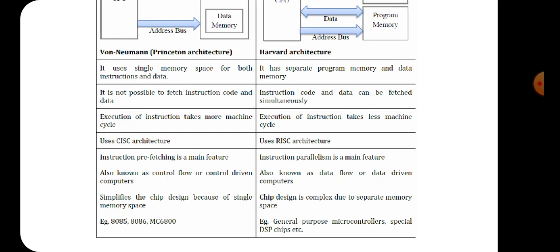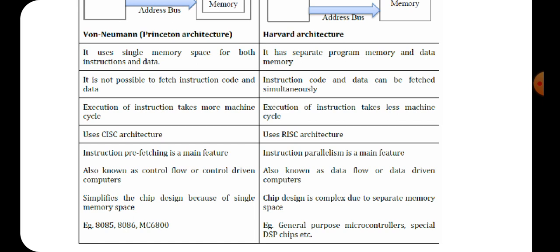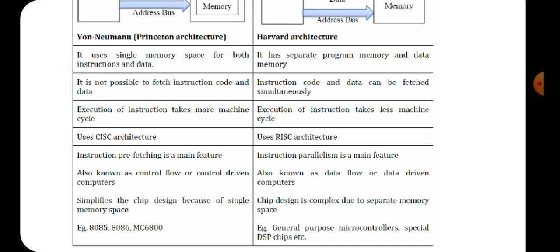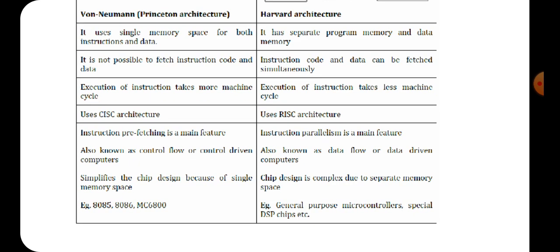Also, the Princeton architecture is known as control flow or control driven, whereas the Harvard architecture is known as data flow or data driven. The Princeton architecture simplifies the chip design because of the single memory space, whereas Harvard uses two separate sets of memories, so the design is complex.